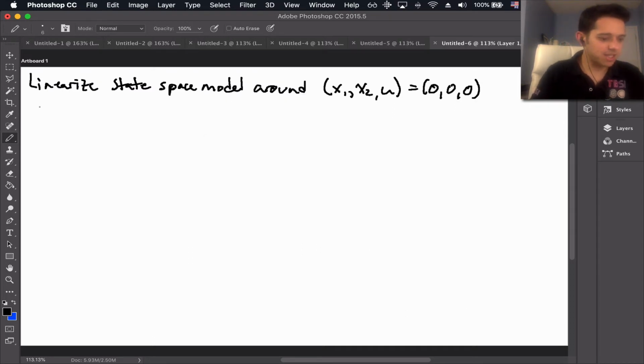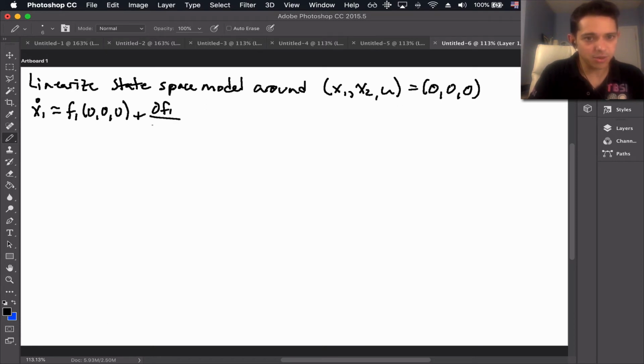Okay, so first let's focus on the first state equation. So x1 dot, and we're just going to do the Taylor series truncated to the first order term. So I'm going to take f1, evaluate it at these equilibrium values, 0, 0, 0. That's the 0th order term.